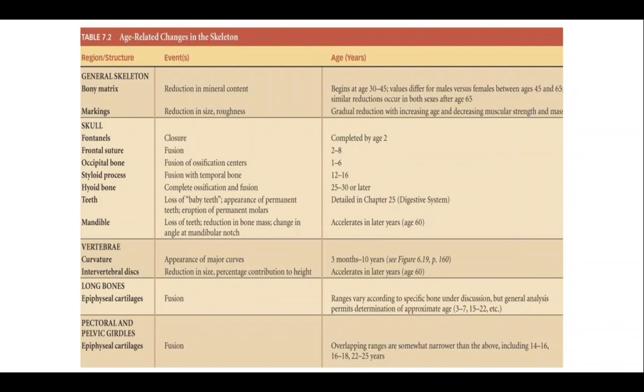So basically you're going to get a little shorter. With the long bones, the epiphyseal cartilage is going to fuse, usually by your early 20s. The pectoral girdle and pelvic girdles are going to begin to fuse as you get older as well.